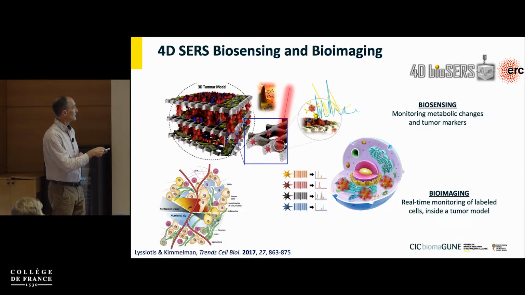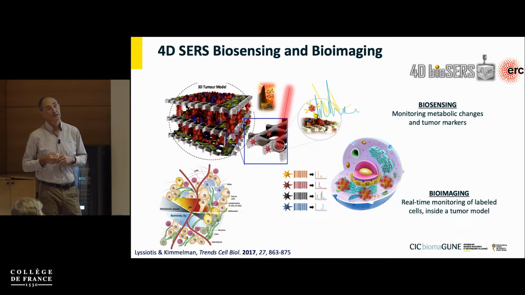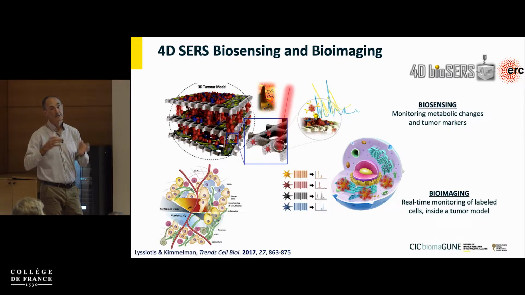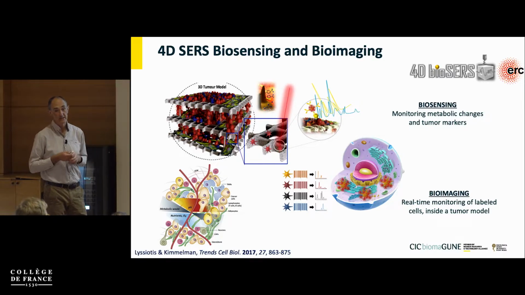And in particular, we were very much interested in analyzing the deregulated metabolism of cancer cells, because this leads to changes in metabolites, and these metabolites are small molecules that we like to measure with surface-enhanced Raman.